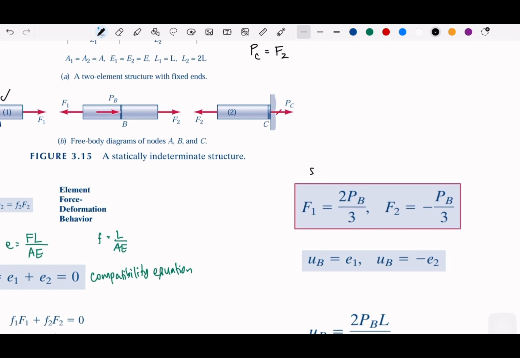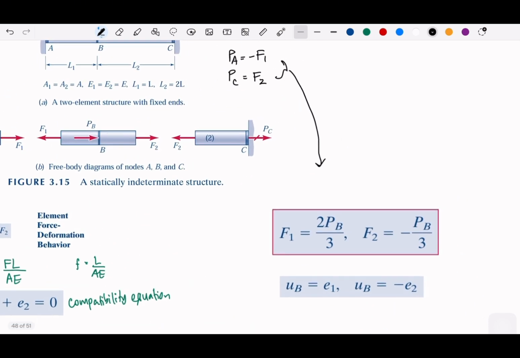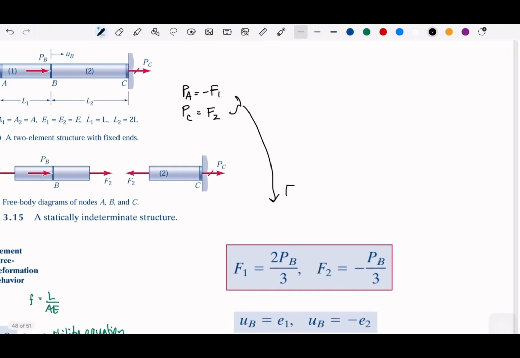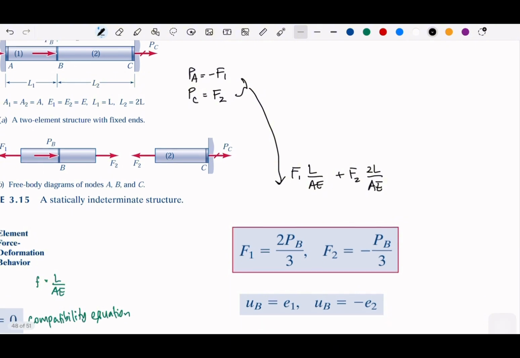Solving with this one here, F1 L over AE plus F2 2L over AE, and simultaneously we can solve and get the F1 and F2 expressions.